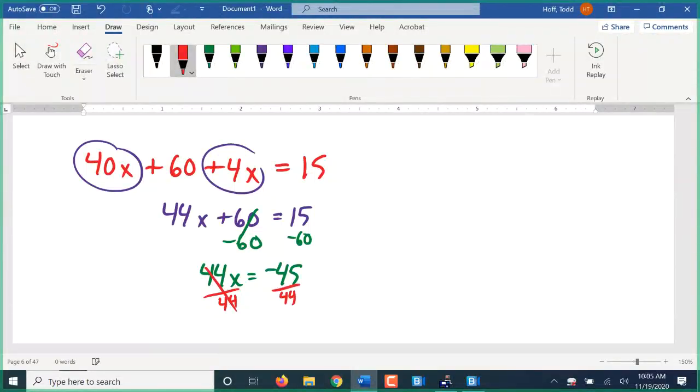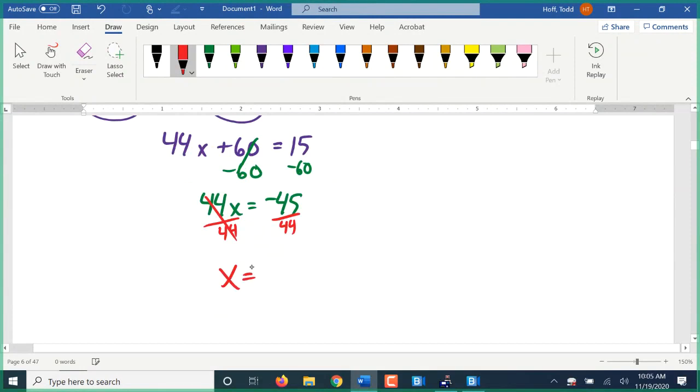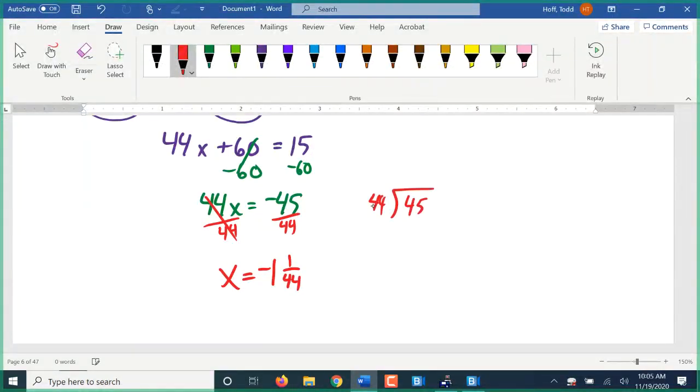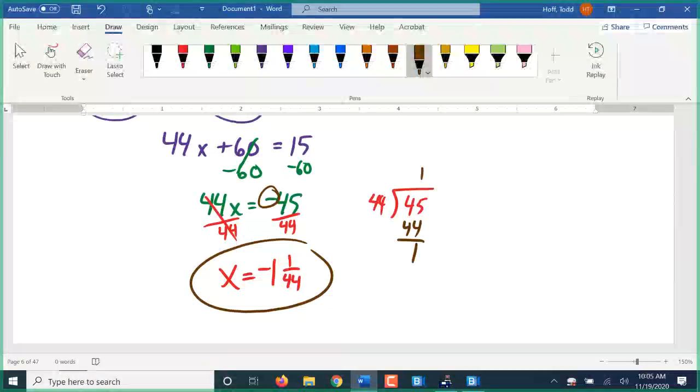So x equals, well, a negative 45 over 44 will be a negative 1 and 1/44. 44 goes into 45 once with 1 left over. And, of course, the negative is going to stay on there. So negative 1 and 1/44 is our solution there.